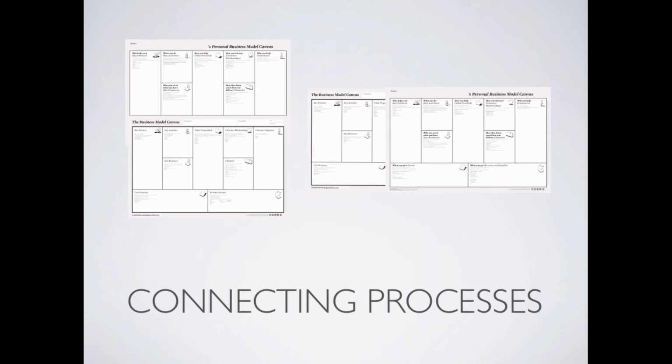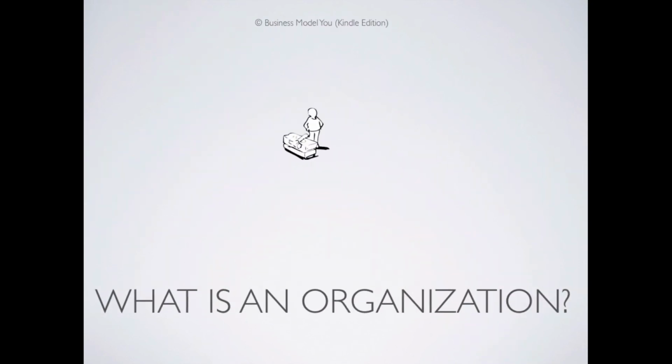I'd like to introduce another way of resolving how we connect particularly personal business models with organizational business models. Let's look at the difference between a person and an organization. All right, here is a symbol I'm using for a person. That's actually the resources. There you are with all your resources.